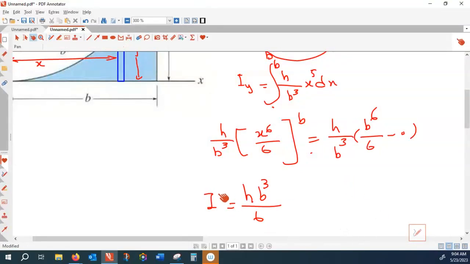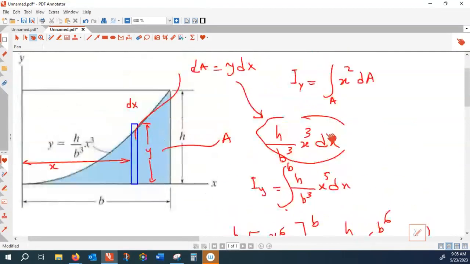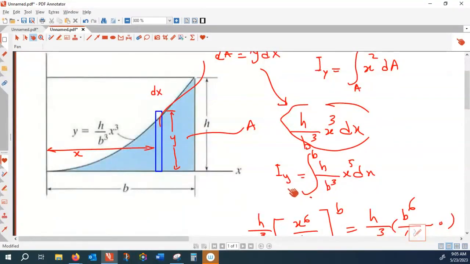All right, let's check the dimensions. Does it make sense? The dimension of I should be L to the power of 4. b is length, h is length, and 6 doesn't have any dimensions. Also, we were given the answer in the question sheet. The answer was h b³ by 6. That's the answer.